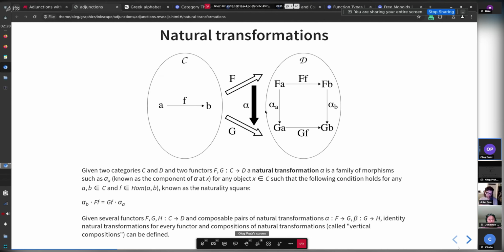And let's say in Set or in Haskell, in programming, polymorphic functions are natural transformations. Like safe and cons, or list to maybe, is a natural transformation. It's polymorphic, right?